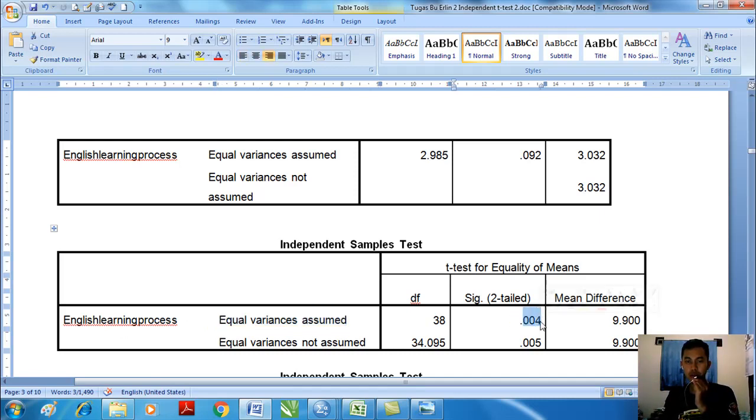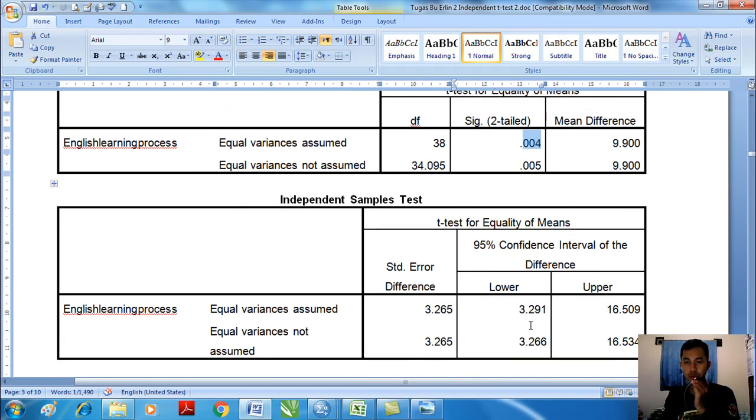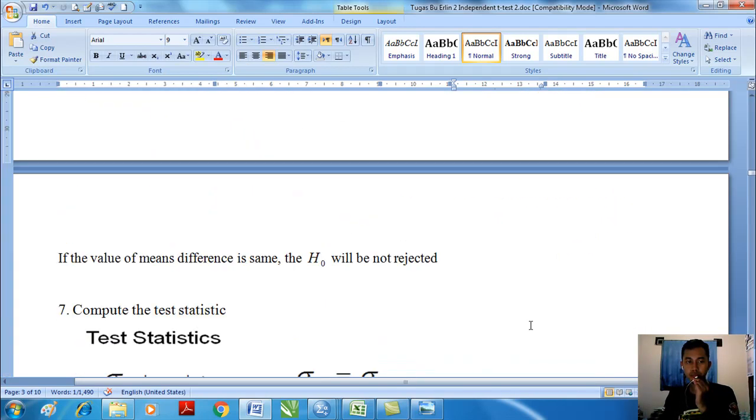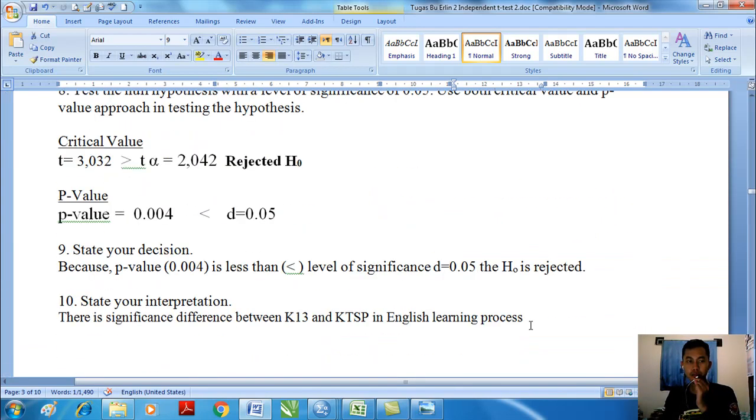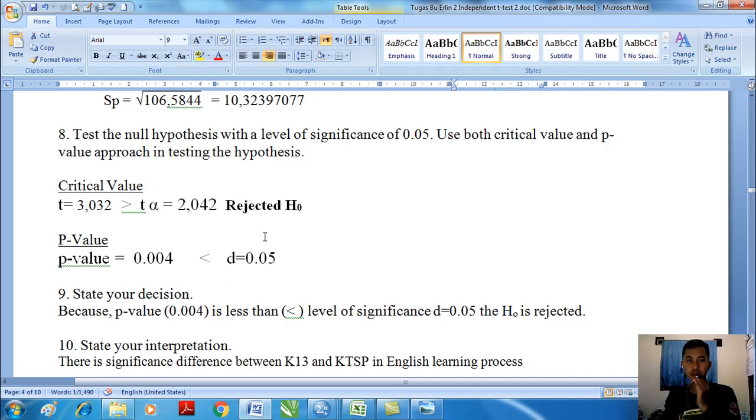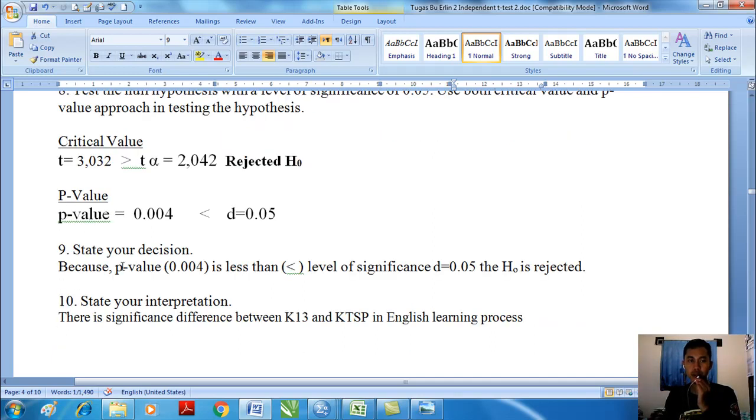So we use this one, 0.004, and then compare with the significance level 0.05. If the p-value is less than alpha, it means we reject the null hypothesis.